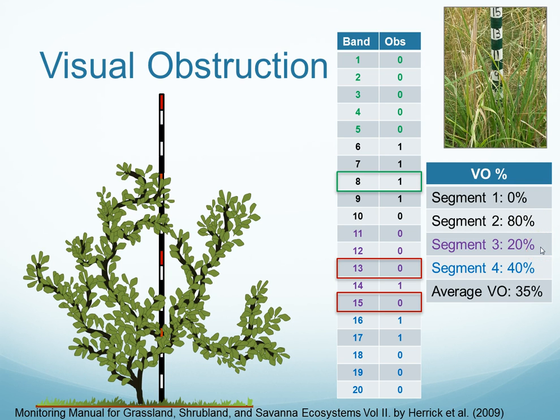Segment 3 had 20%, and segment 4 had 40% obstruction. The total average visual obstruction for the pole was 35%. And normally these calculations are done on sample sizes of multiple observations of the poles.